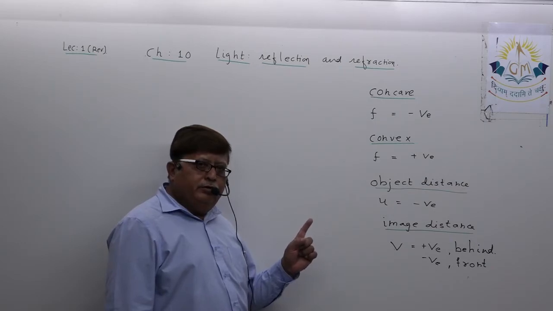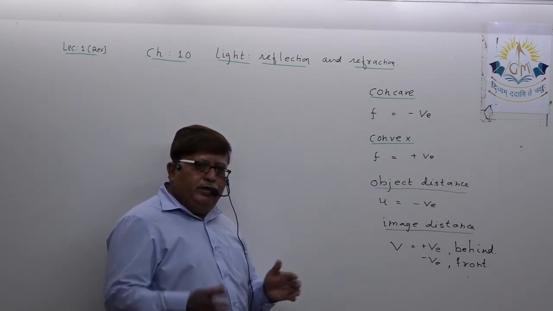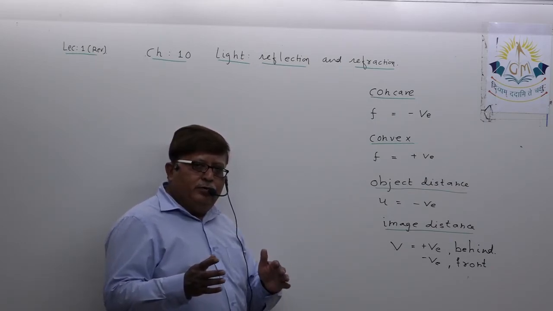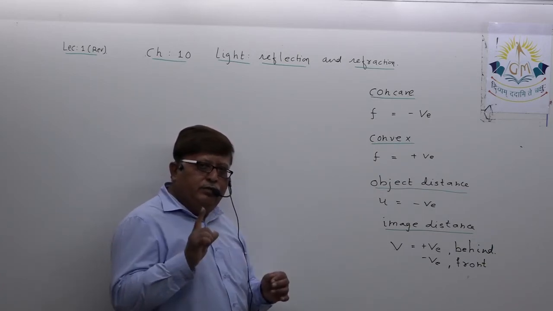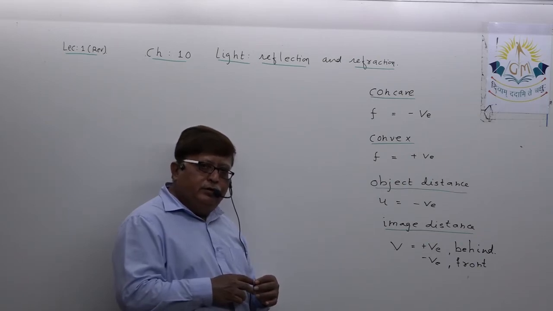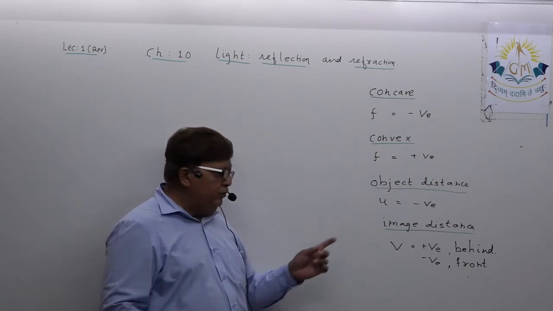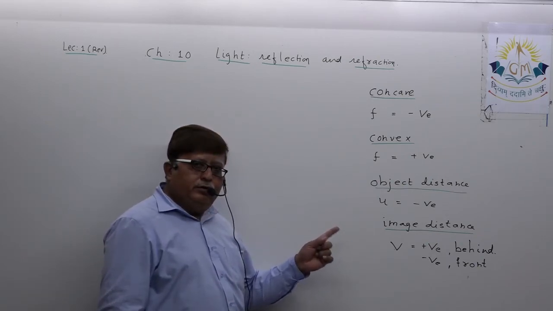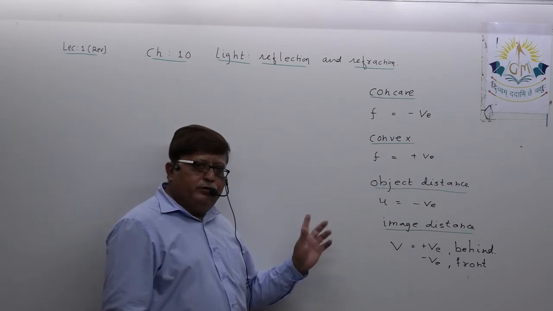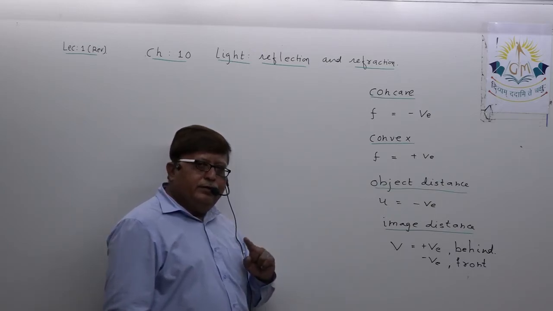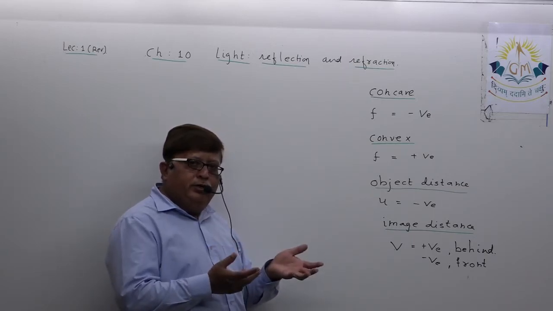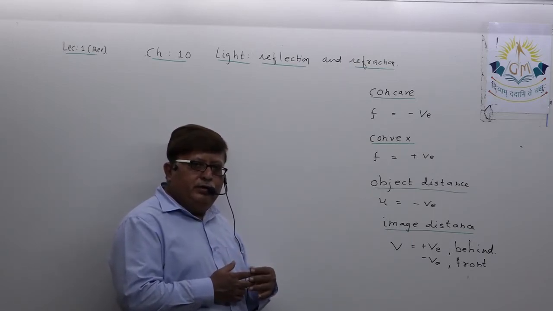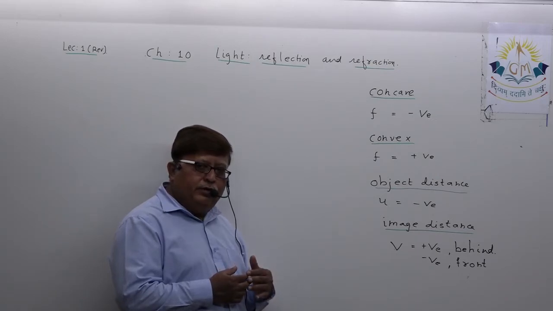Image distance, dear student, may be asked in an example where the image is formed. So whenever you find v, the image distance, if it turns out positive, that means the image is formed behind the mirror, whatever the mirror may be, concave or convex.